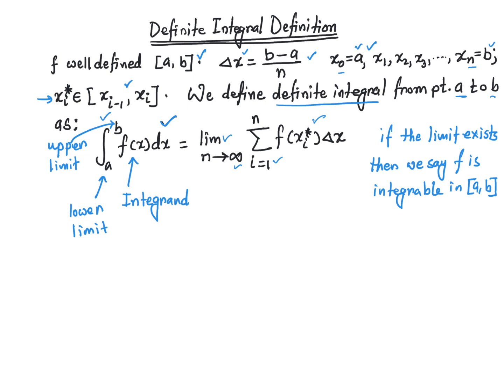And this little dx sitting down there just indicates that it's a small change. It will become clearer down the road. This is just a small change in x. However, for now you can just bundle it together with f of x as just one thing. But later on we will find out that this is called a differential, or differential change.